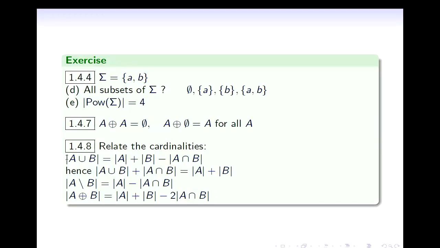What we can say, and this is true for all sets A and B, is the union always contains all the elements in A and all the elements in B. So if you count them, you would count the elements in A and the elements in B, but you have to make sure that you don't count elements in the intersection twice, and this is why you have to subtract the size of the intersection once.